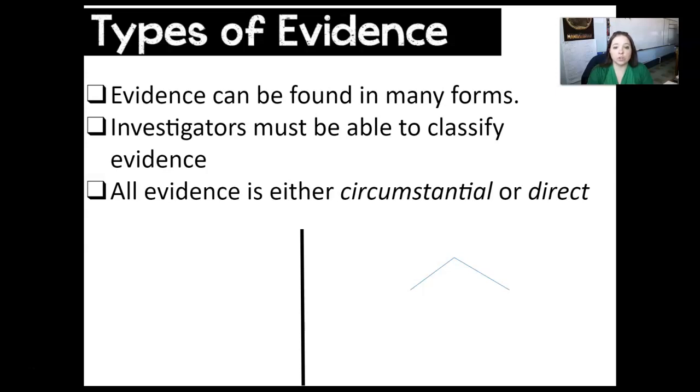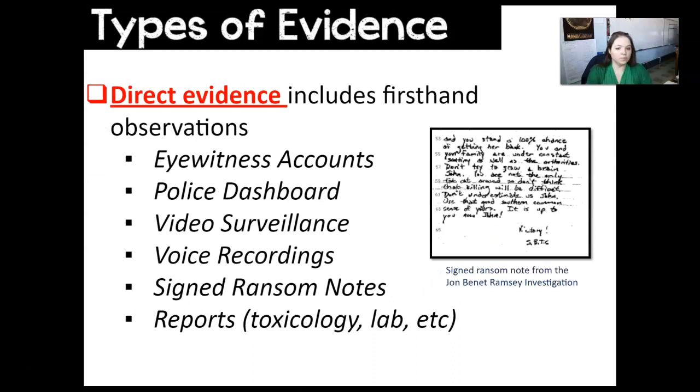Evidence is either circumstantial, which is put into two different parts, or direct. So direct is by itself, circumstantial, two different types. So direct includes firsthand observations. Like you can directly connect it to somebody, like eyewitness accounts.